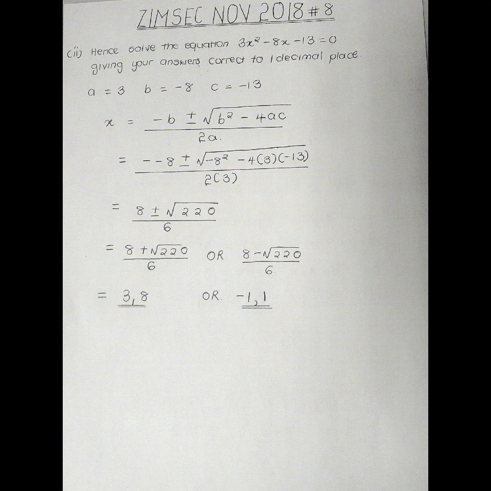We are going to get a long figure there. You divide by 6 and then you round at the final step. So here we are going to get our x is either 3.8 or negative 1.1. So that is what you need to master when it comes to logarithmic equations in Maths Paper 2.